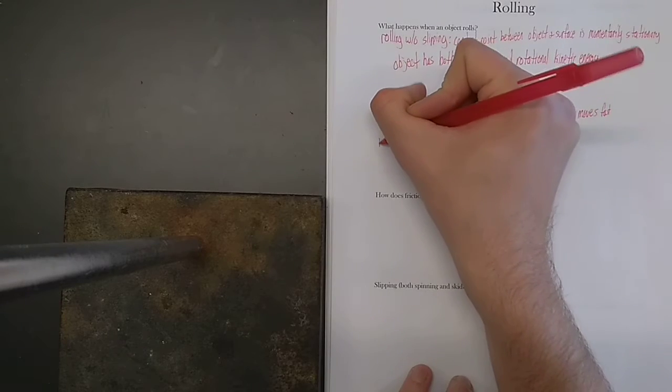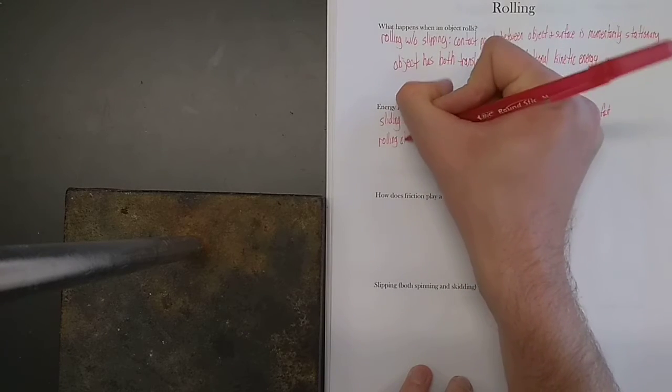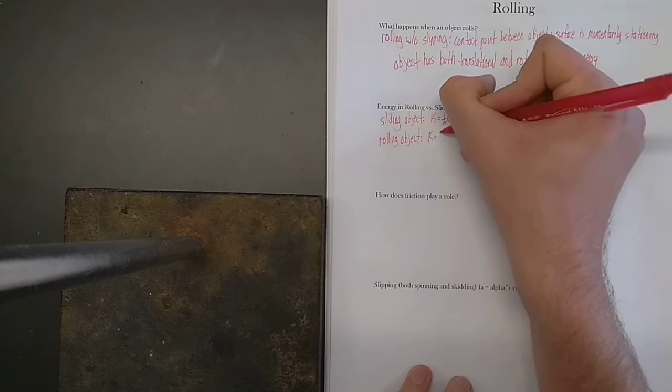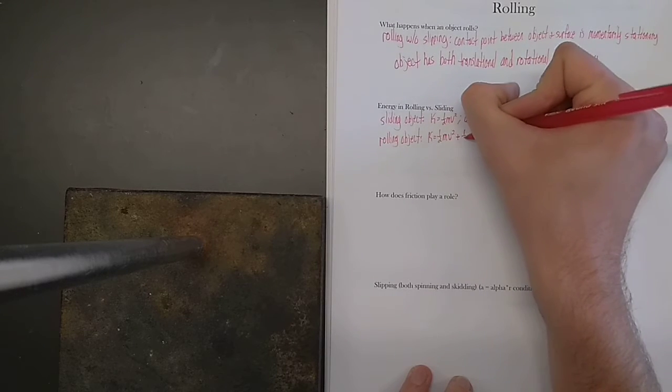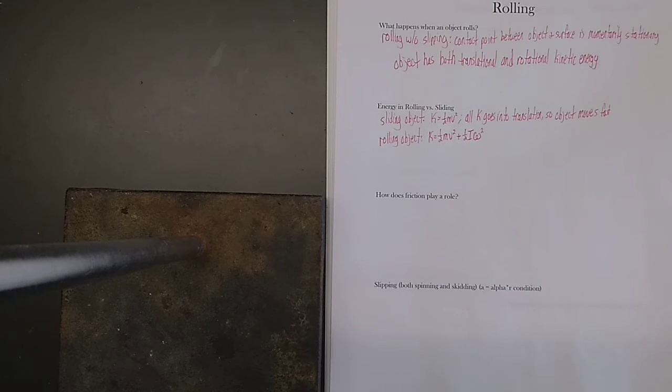Now for a rolling object, that's much different. The kinetic energy is equal to both the translational component plus the rotational component. Remember, the equation for rotational kinetic energy is 1/2 I omega squared.